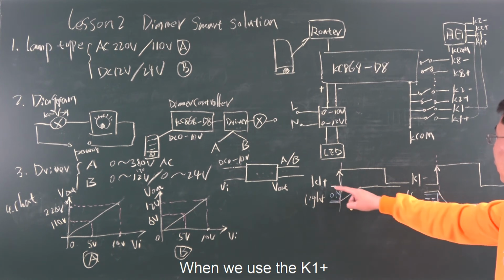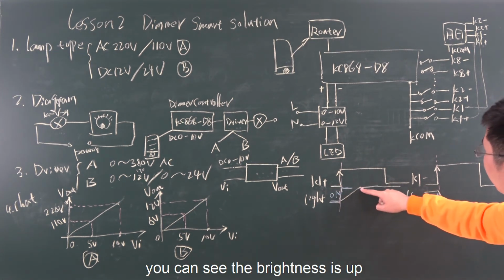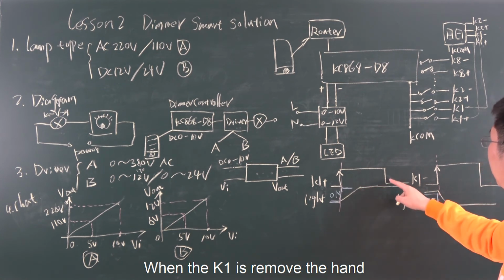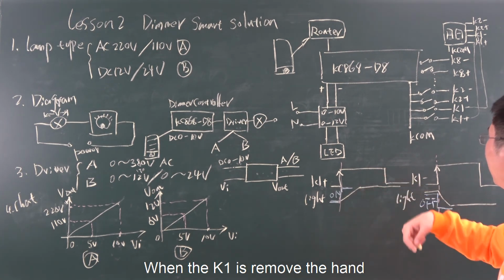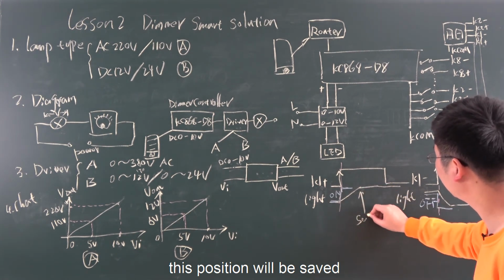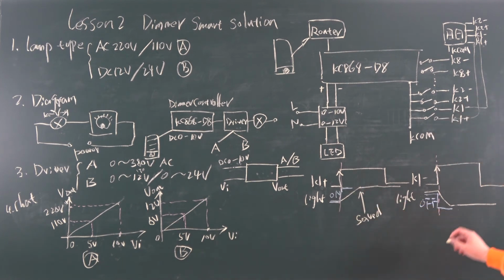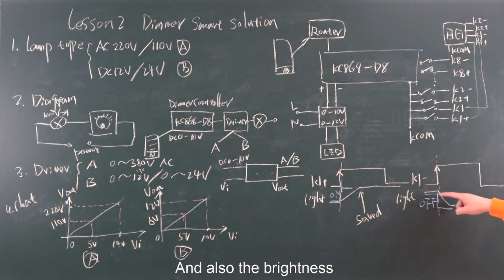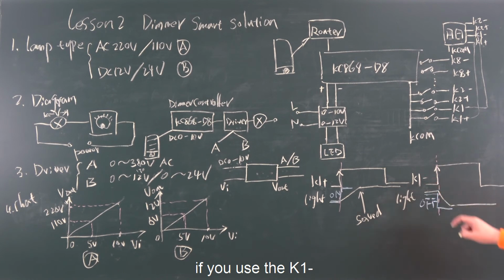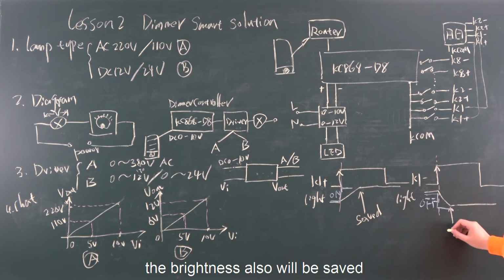And when we use the K1 up, you can see the brightness goes up. When you remove your hand, this position and state will be saved. If you use the K1 down, the brightness changes down, and at this point the level will also be saved.